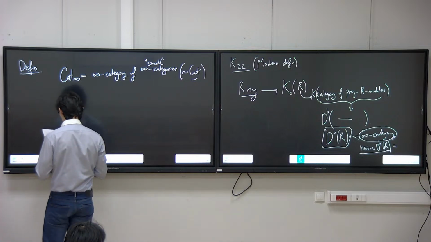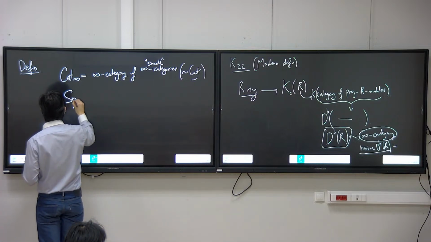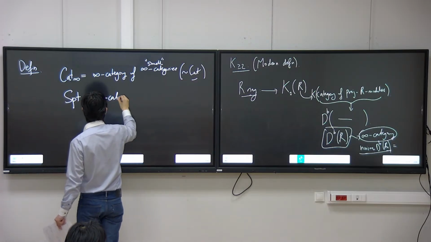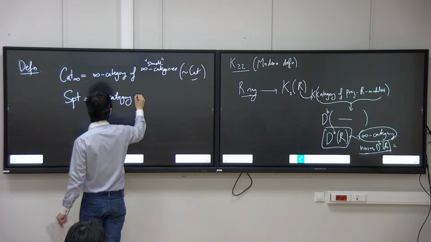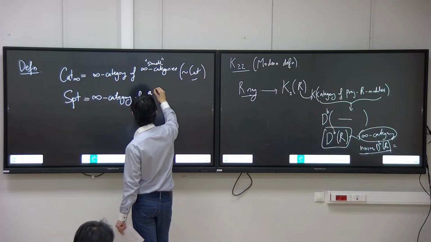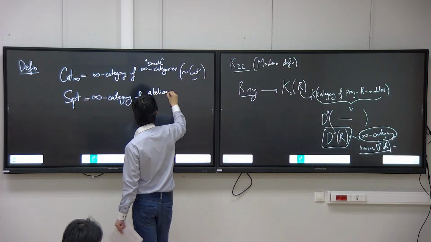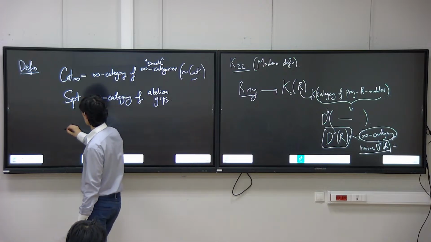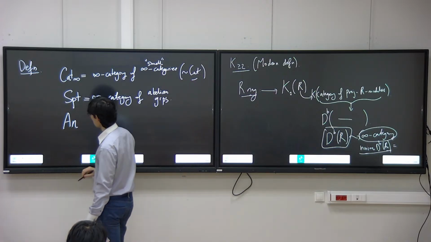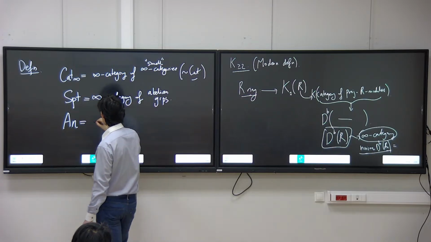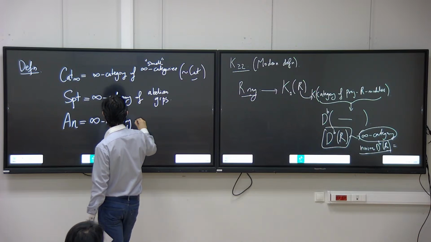There's also some object called cat spectra, which is basically the infinity category of abelian groups, the category of abelian groups. And then there is this category, called anima these days after Scholze, which is the infinity category of groupoids.